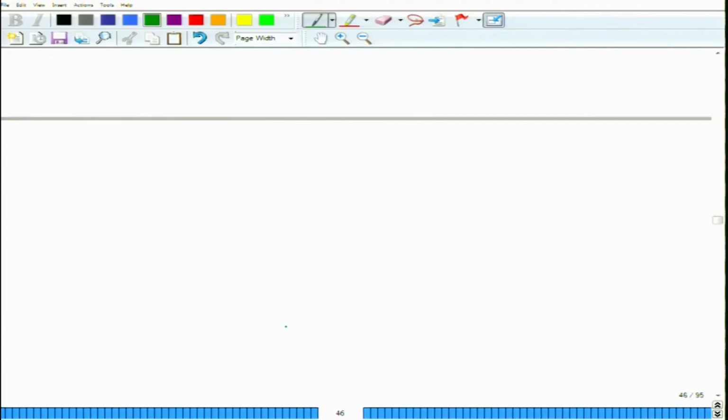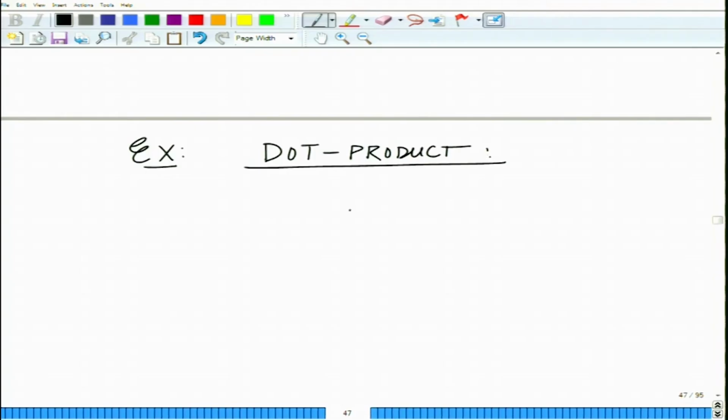Let us look at a simple example to understand this. For instance, let us consider the standard dot product between two vectors. All right. Consider two vectors. The dot product is defined between two vectors.